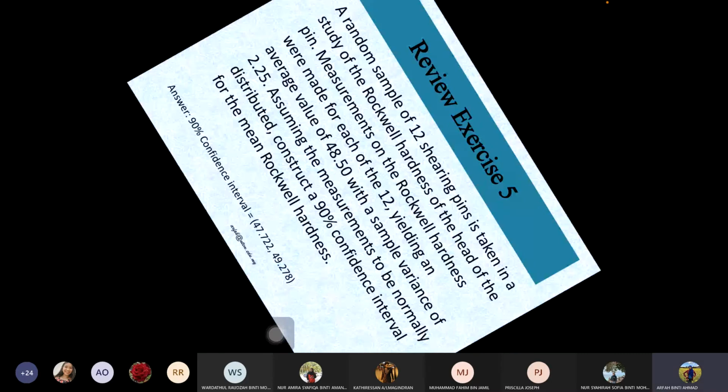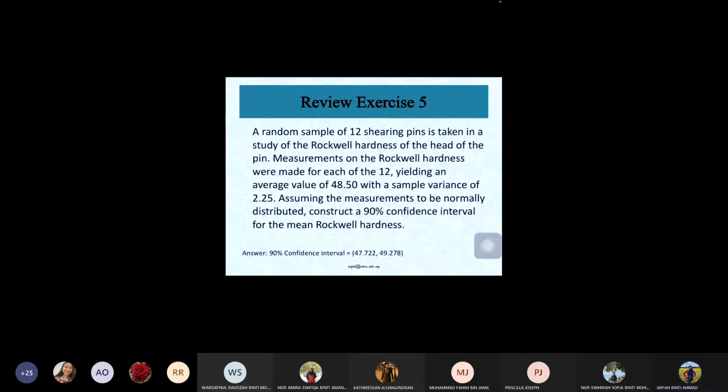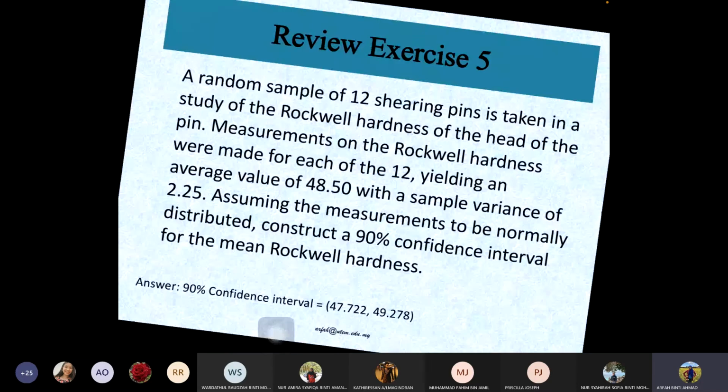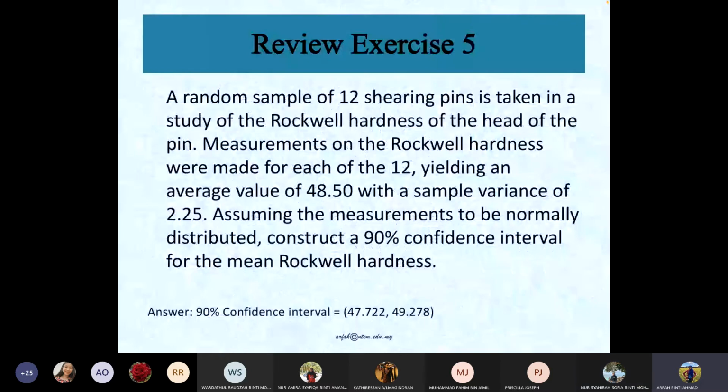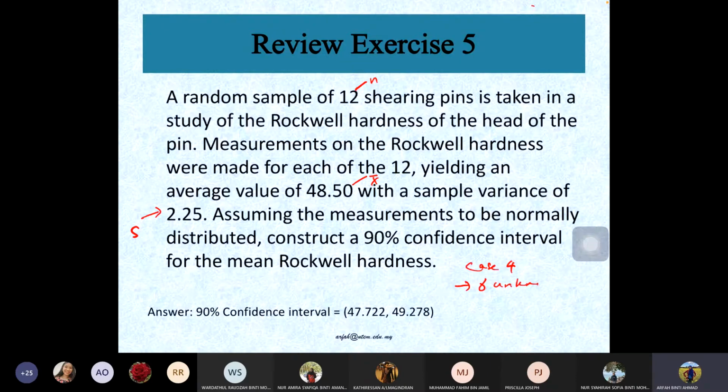So dapat tak jawapan sama as this one? Okay. So n equal to 12. Given all the information, this is n, 12 sampel, this is your x bar, this is your s, and case 4 because sigma unknown and also small sample.